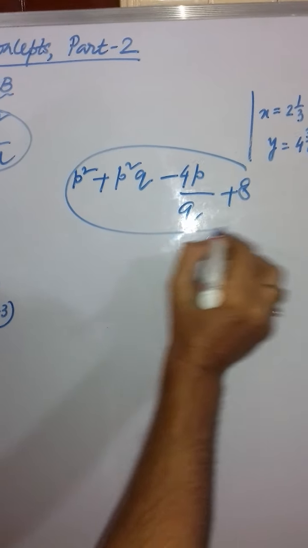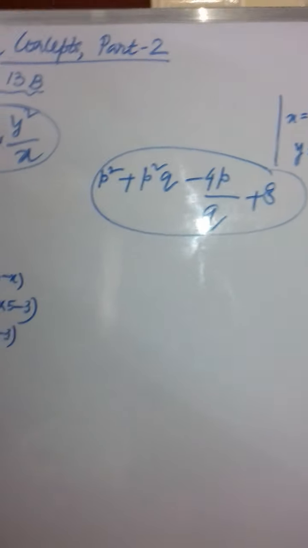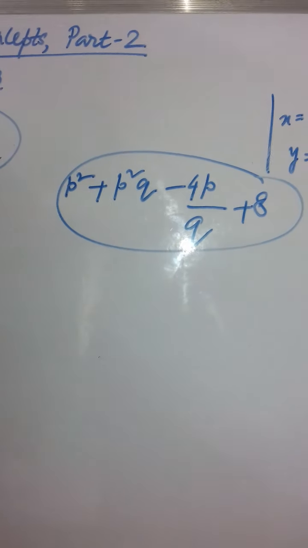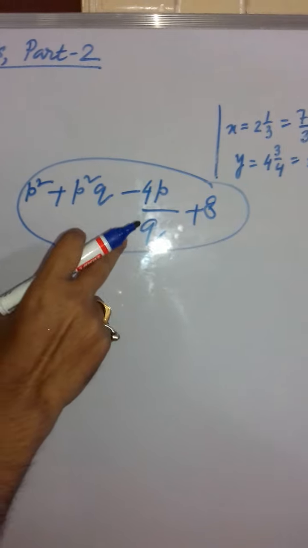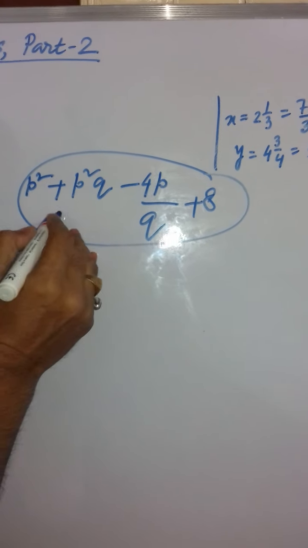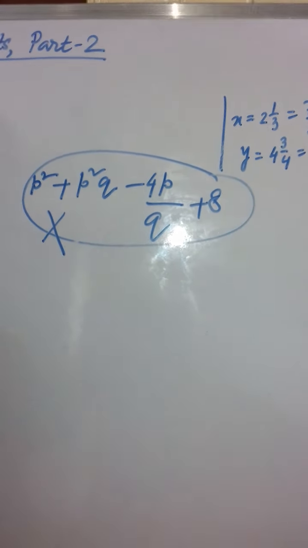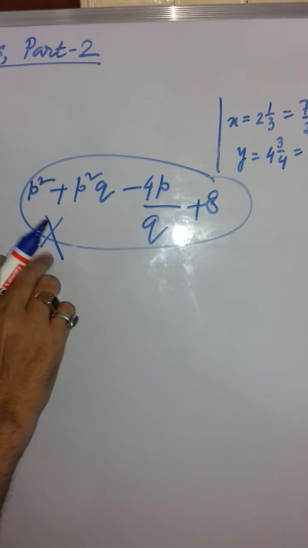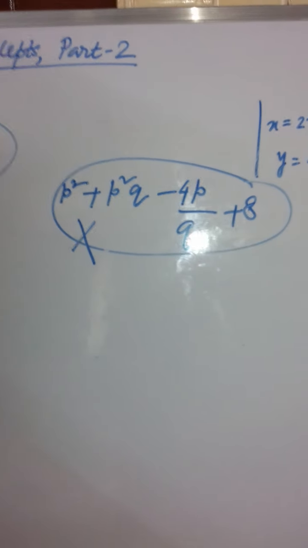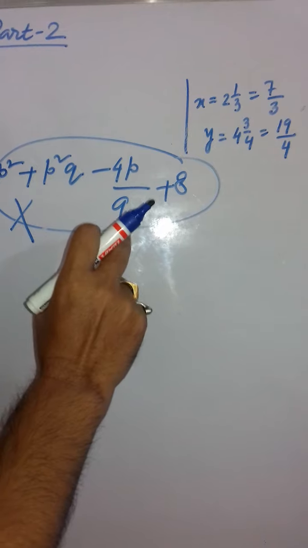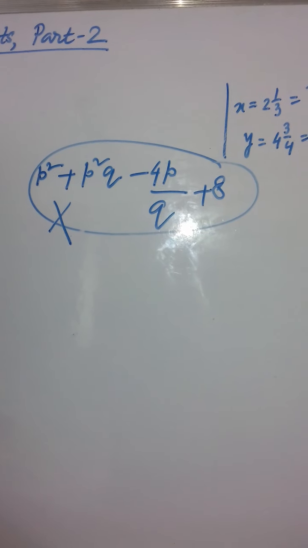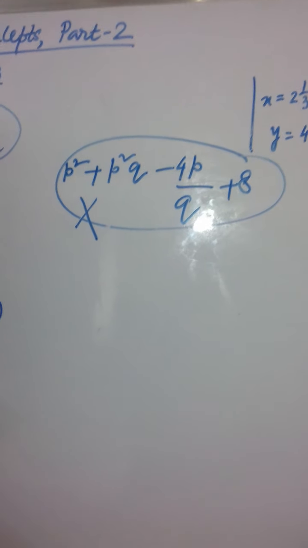This is an algebraic expression, but you see the variable q is situated at the denominator. So we are not going to consider this a polynomial, since the variable is present at the denominator.